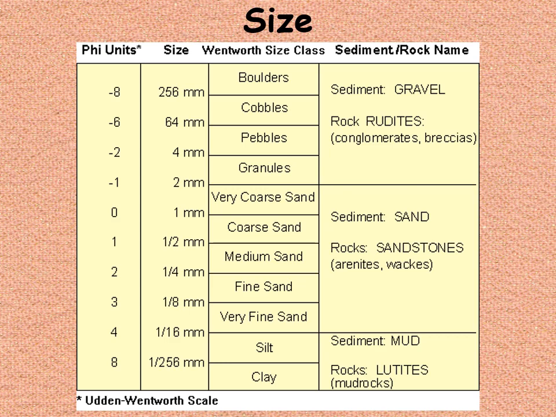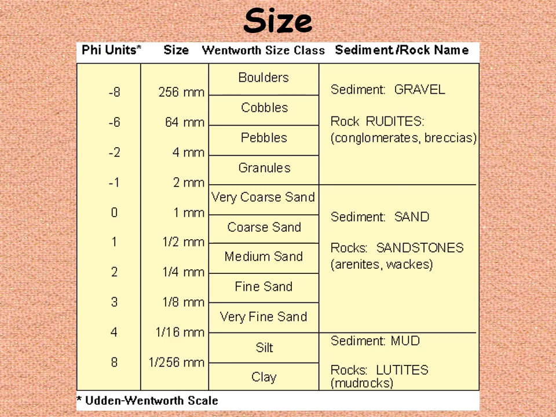So either it is 2 to the power something, like 2 to the power 1, 2 to the power 2, 2 to the power 8, or it is a fractional value of 2 to the power, like 1 by 2 to the power 1, 1 by 2 to the power 2. So every size class, whether you go to the increasing side or the decreasing side, the size class limits are in powers of 2.